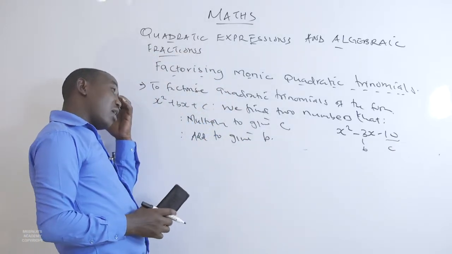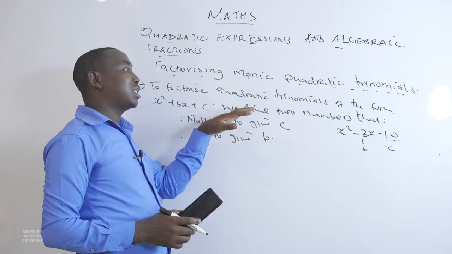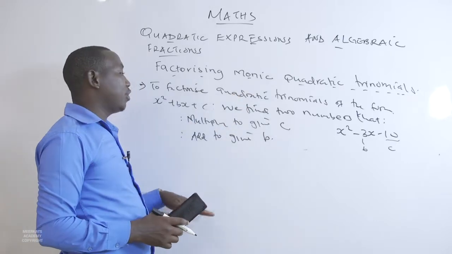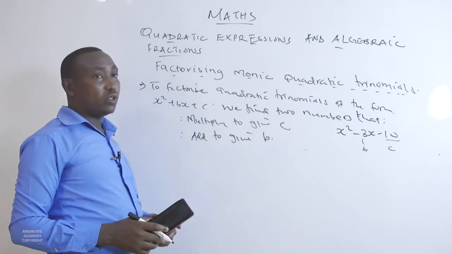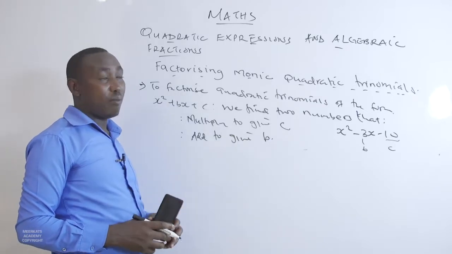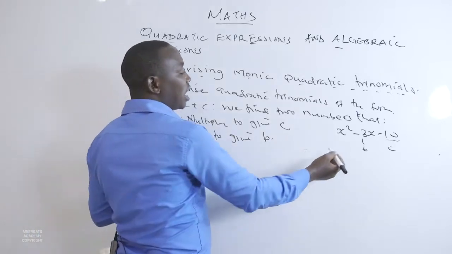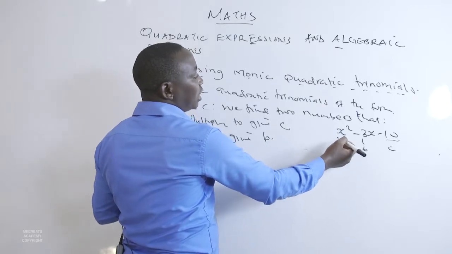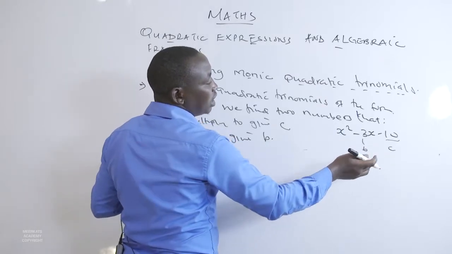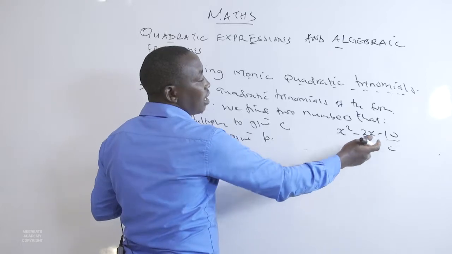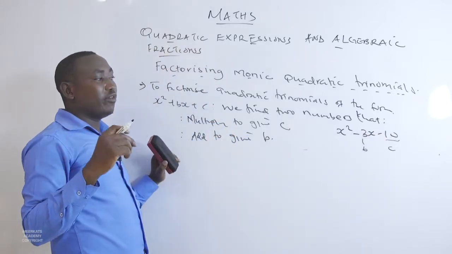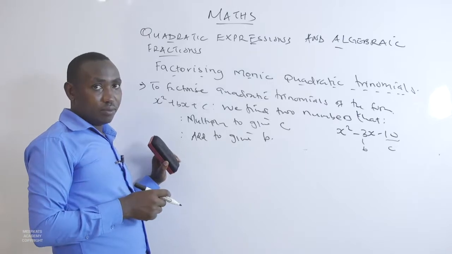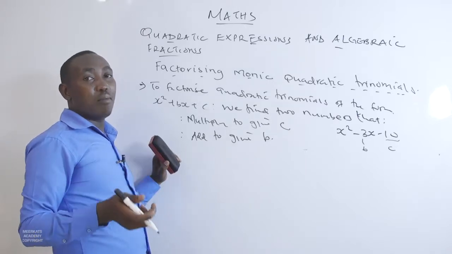So the critical step is that we must find two numbers that when you multiply, they give you c, and if you add the two numbers, you'll get b. Now in this particular case, which numbers can give us negative 10 when multiplied and negative 3 when added?